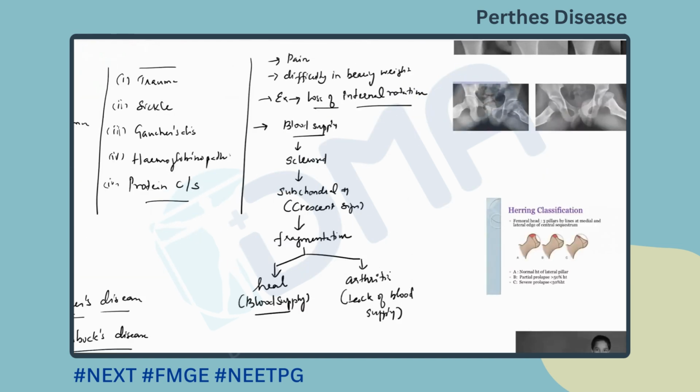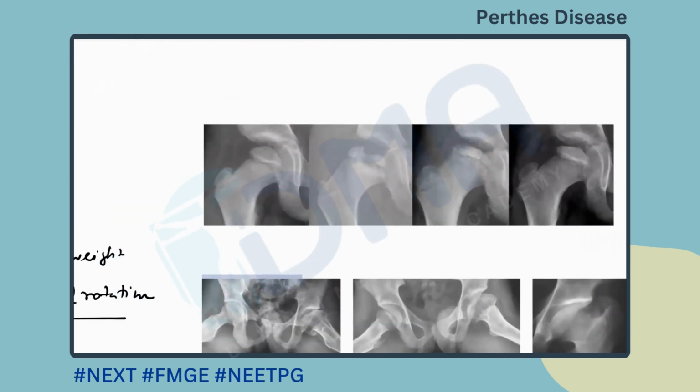If you see these pictures, you can see various things in this. You can see the bone is getting dense in this region. Can you see the bone is getting dense compared to the other part? That is the sclerotic part.